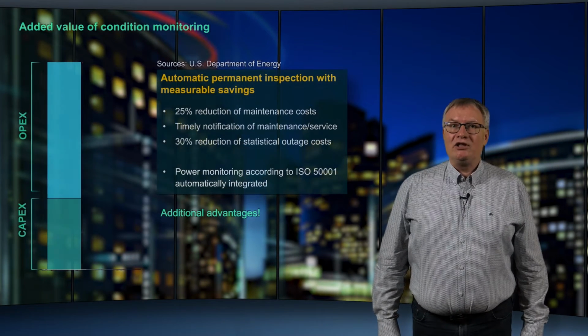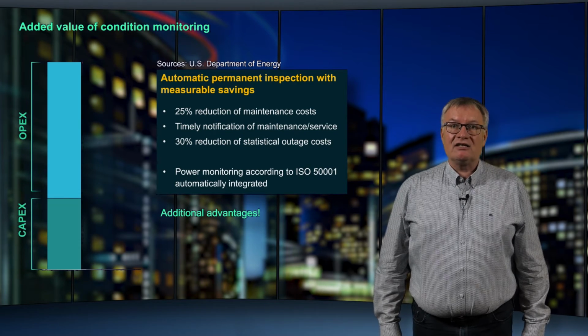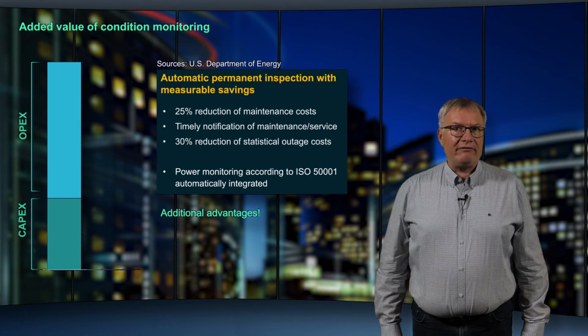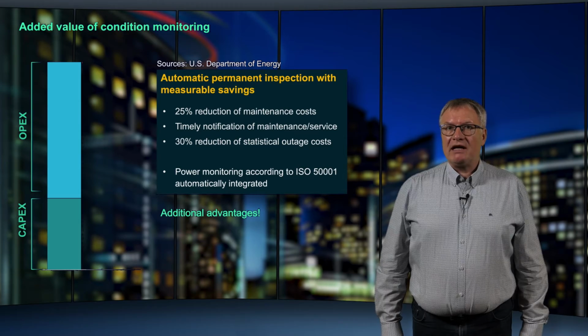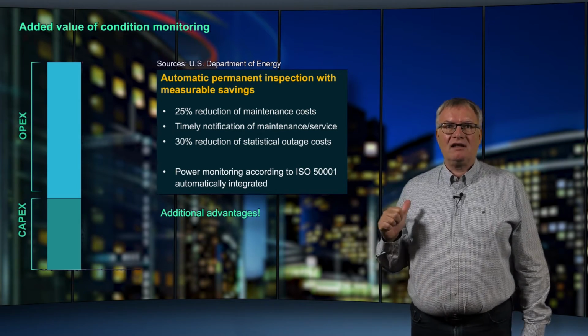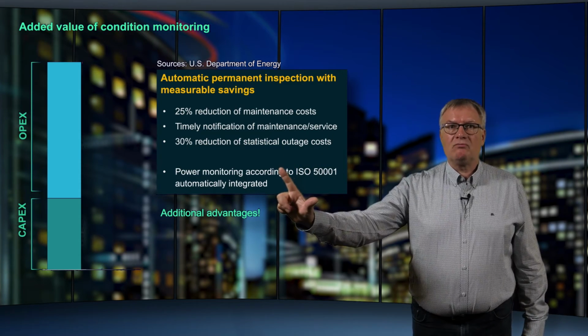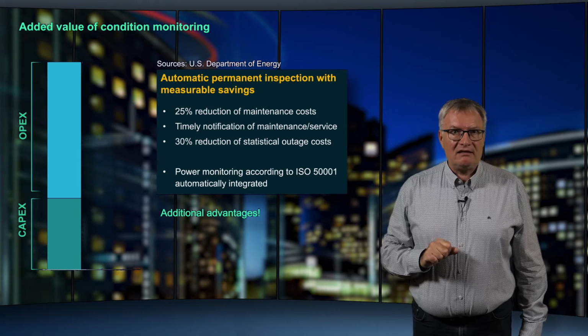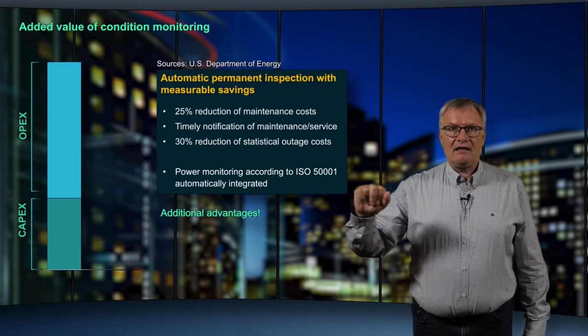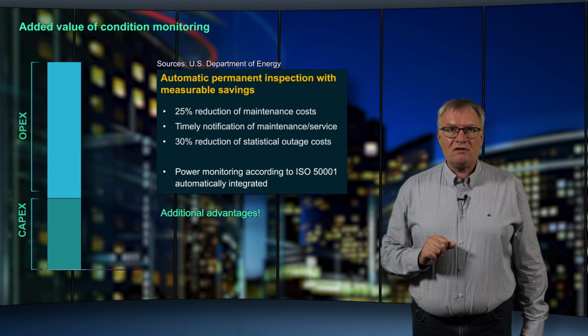The study from the US Department of Energy assumes that a timely reference to maintenance by use of condition monitoring leads to 25% lower maintenance cost, a disturbance reduction by up to 75%, and 30% lower statistical downtime cost due to timely alarm.